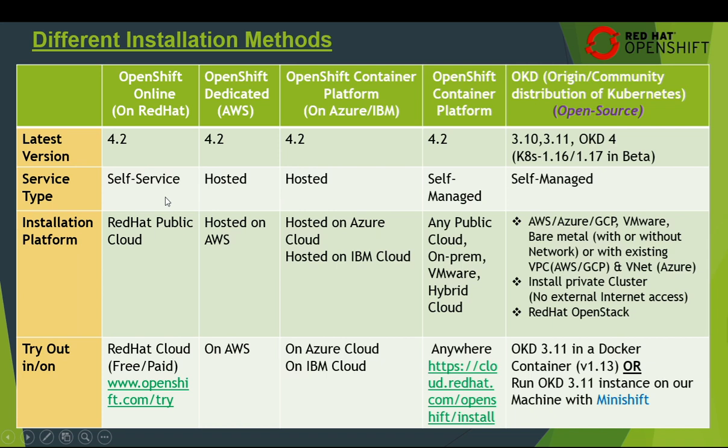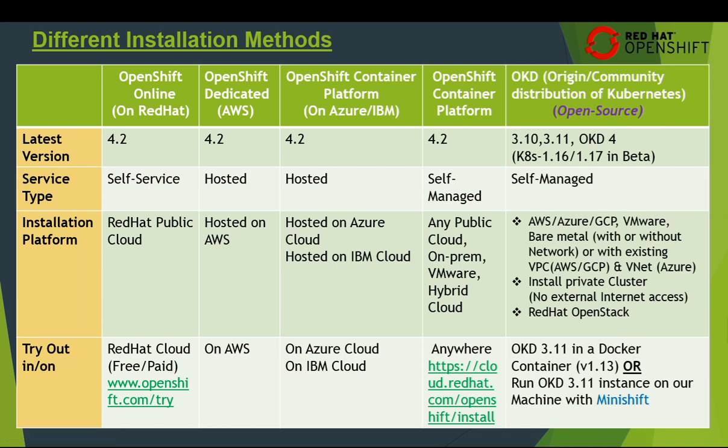Now, according to their service type: how the service will be provided and who will provide the service or support for these OpenShift clusters, right? So for OpenShift Online, as I told just earlier, that is self-service.